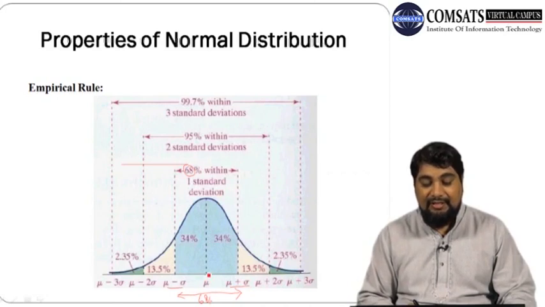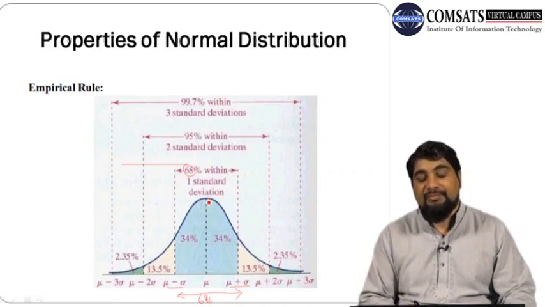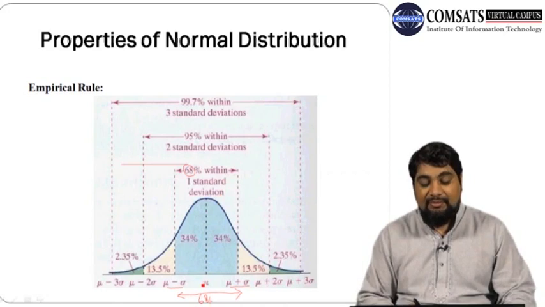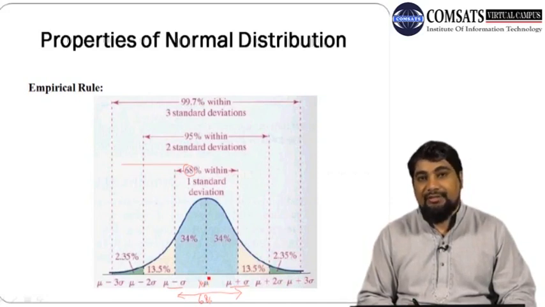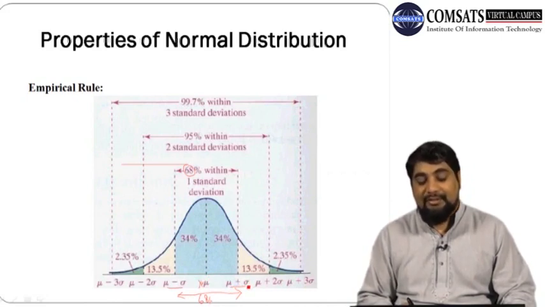So you can see that the peak of the normal distribution always occurs when x is equal to its mean mu. If we go one standard deviation, that is 1 times sigma, to the right of mu, we get mu plus sigma.